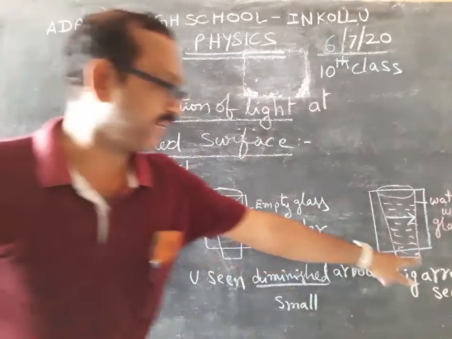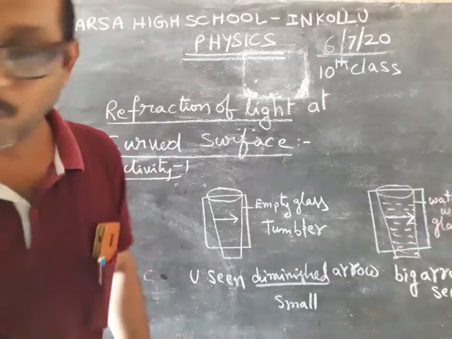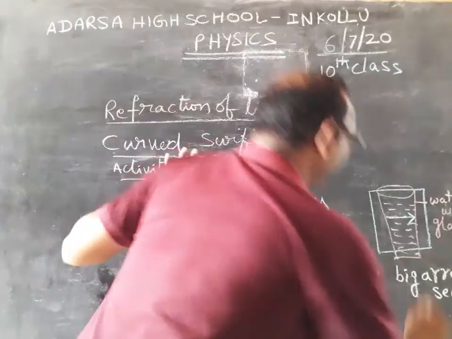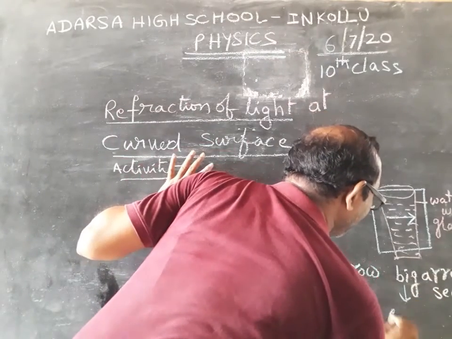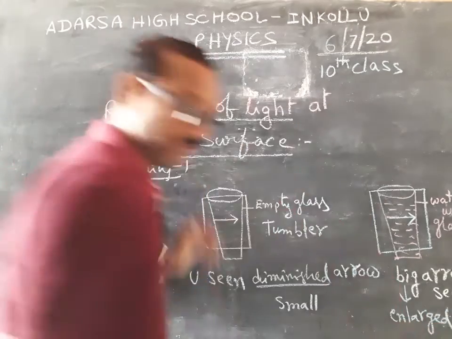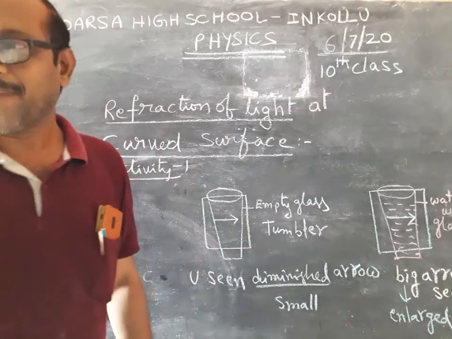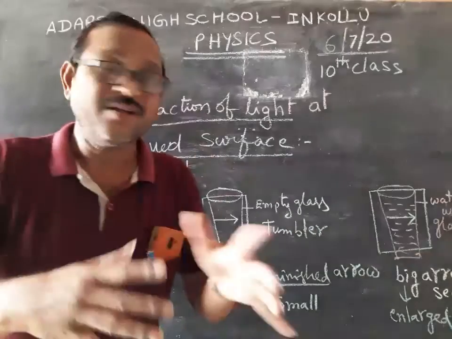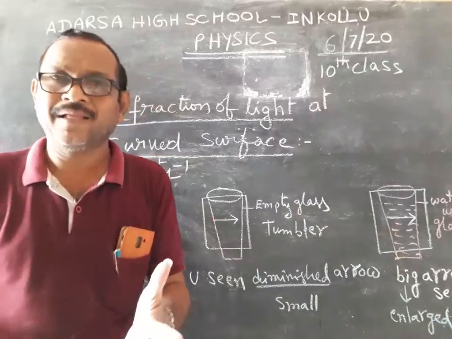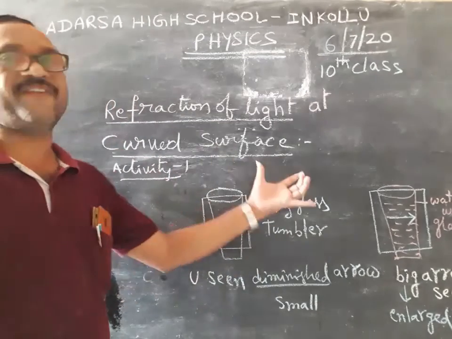Big arrow seen. Here a diminished arrow, here an enlarged arrow. Big is commonly known as the enlarged arrow. Both are due to the effect of the curved surface.